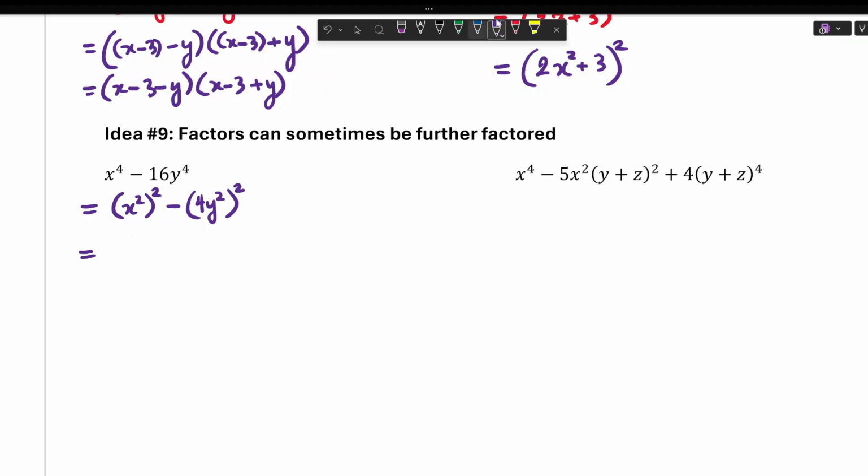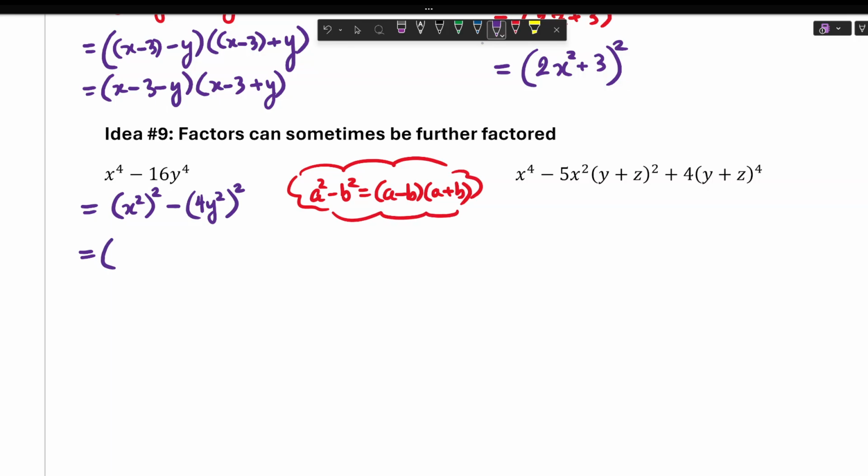So remember that a squared minus b squared is equal to a minus b, a plus b. That's our difference of squares factorization. So you'll notice in this case we're going to get x squared minus 4y squared, x squared plus 4y squared.